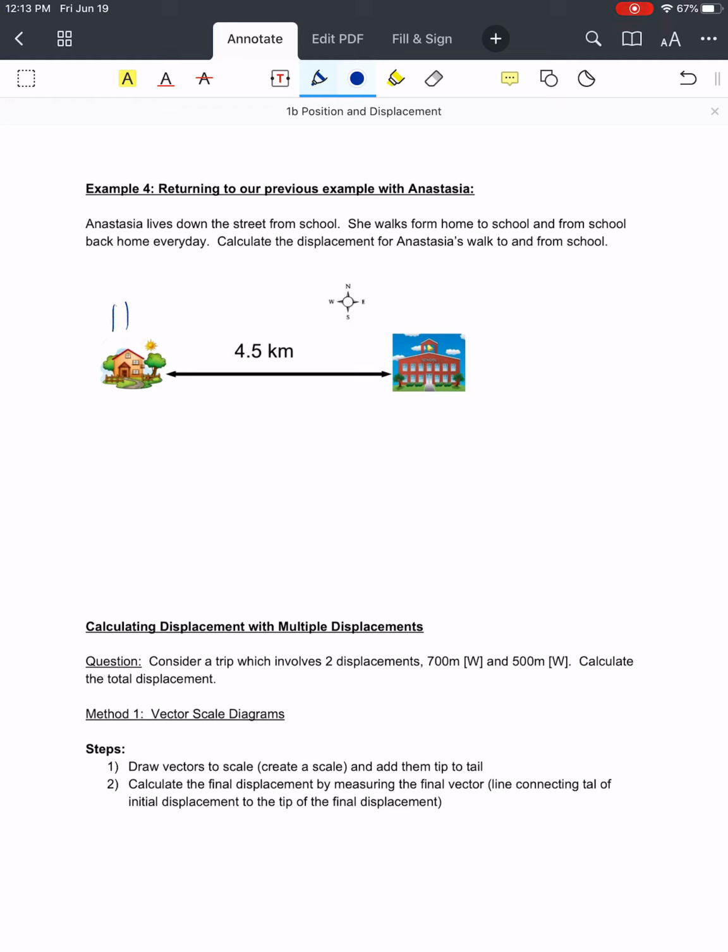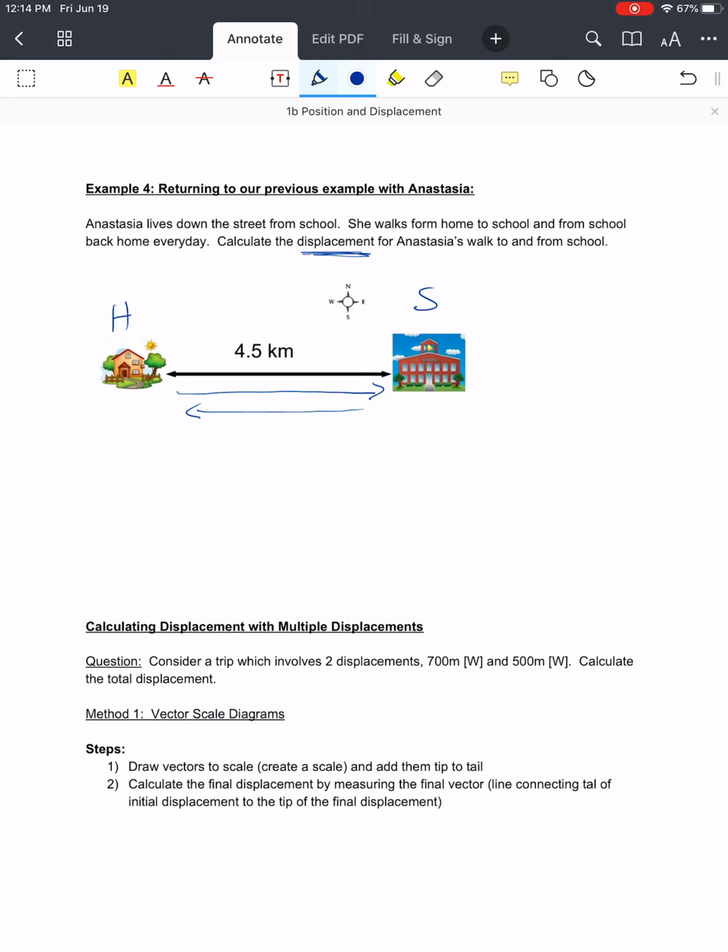So here's your house, there's your school, and the house is 4.5 kilometers away from the school. So what you did is you walked to school, back home every day. Now I want to calculate the displacement for Anastasia's walk to and from school every day. Now remember from the previous lesson, we said this was 0.